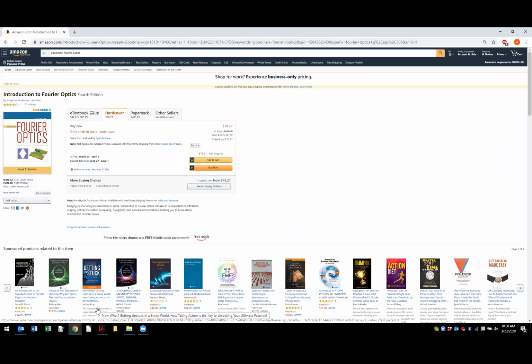It's more advanced than this, but it's quite manageable. And it is really the Bible of Fourier optics. I got a used edition for $10 several years ago. This hardcover is obviously more expensive. It's the newest edition, but you can find used versions of the old editions. And it really goes into why these integrals of complex exponentials matter.